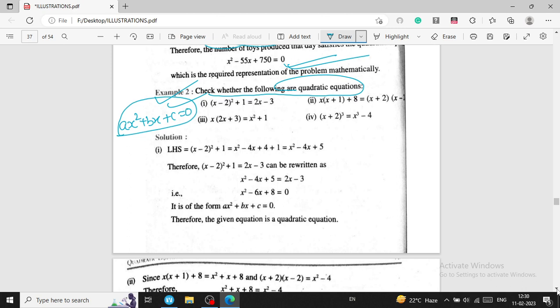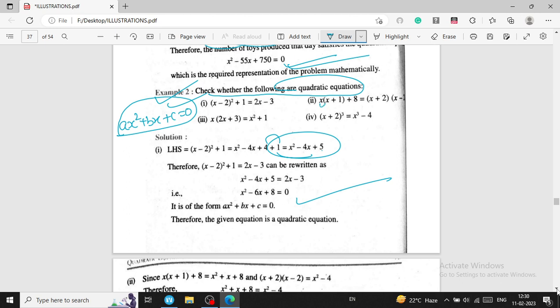Here you can see x minus 2 whole square. When we put the (a minus b) whole square formula, we will get x square minus 4x plus 4 plus 1, so x square minus 4x plus 5. You can see the ax square plus bx plus c format is given. So that's why this is a quadratic equation.